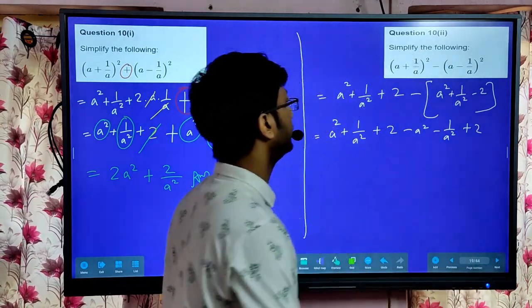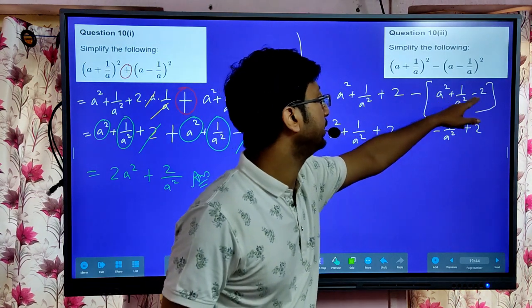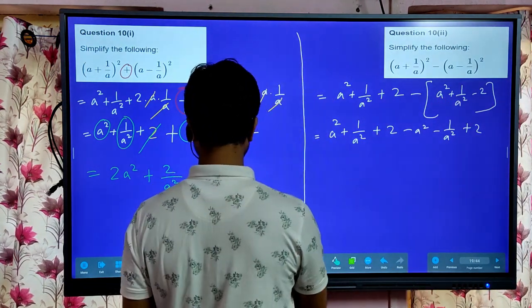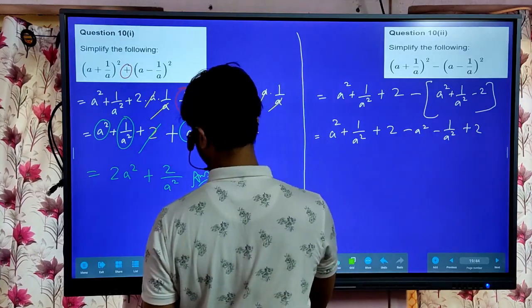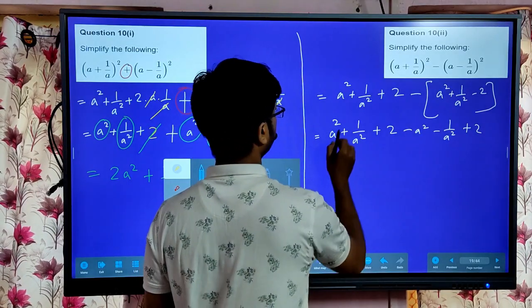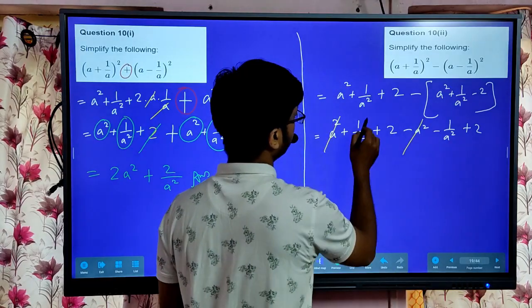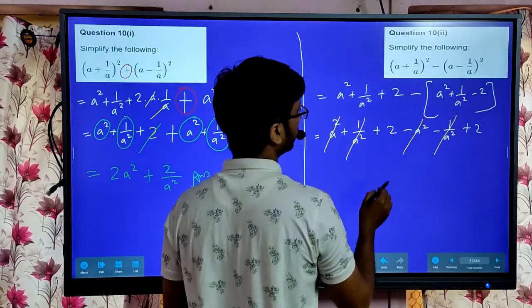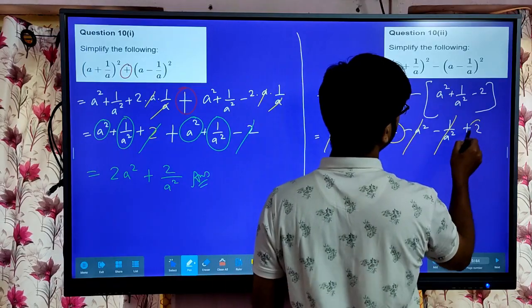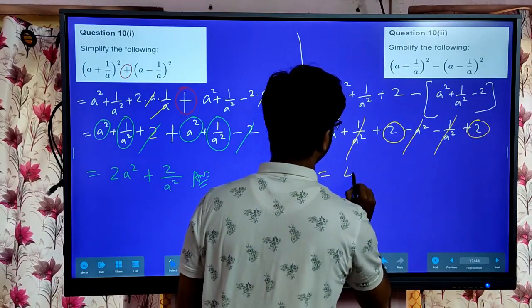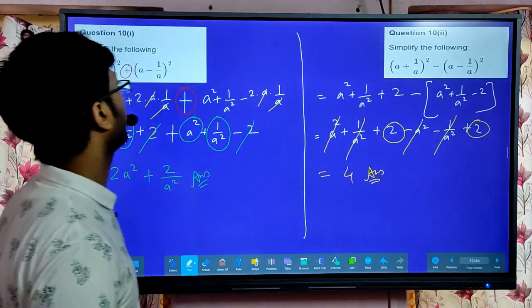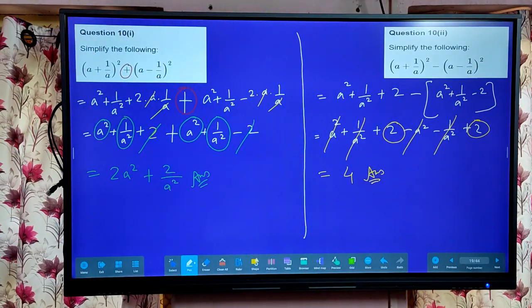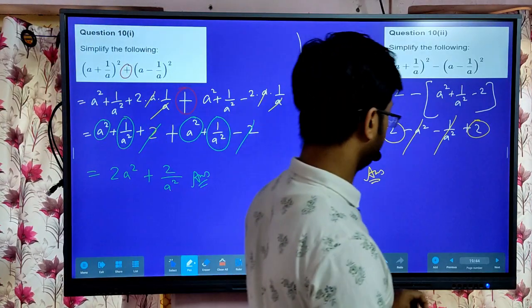So see, the sign changes due to this minus sign, all the interior signs change. So resultant will be a square minus a square, so it will get cancelled out. This a square and minus a square cancel out, plus 1 by a square minus 1 by a square cancel out, and this is plus 2 and plus 2, so it will be 4. 4 is the answer. Okay, clear? Now we will move on to the next question.